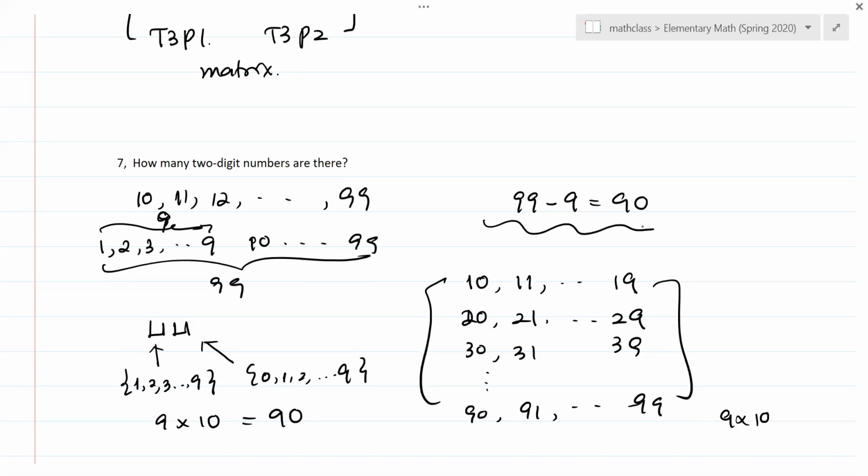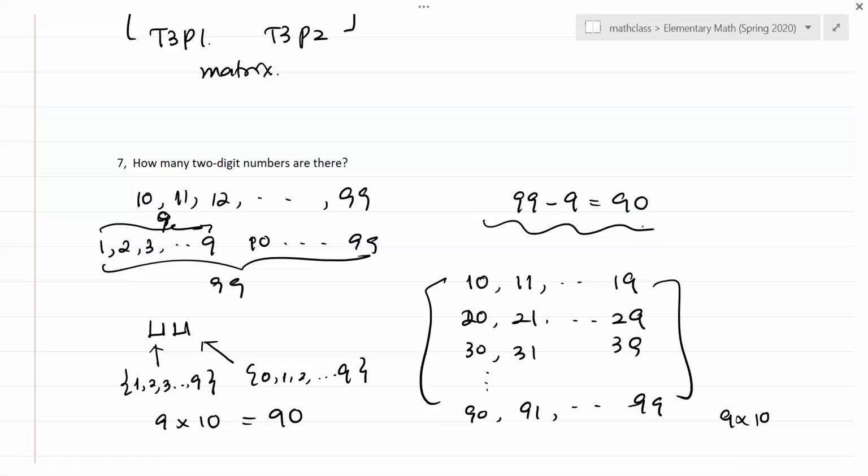Another way to think about this is that writing down a two-digit number involves 2 steps. Step 1, write down the tens digit. Step 2, write down the units digit. How many ways to write down the tens digit? 9, because 0 cannot be the tens digit. How many ways to write down the units digit? 10.